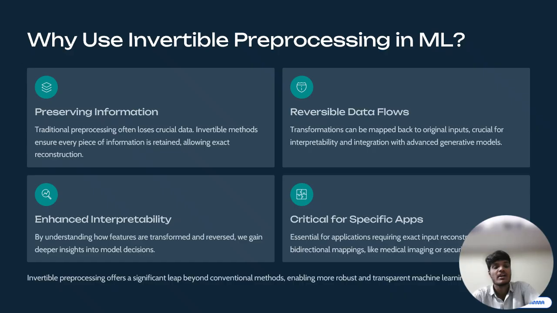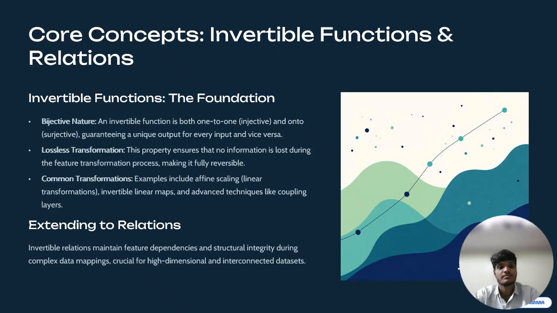By understanding how features are transformed and reversed, we gain deeper insights into model decisions. In the critical specific case, some of the specific apps are essential for applications requiring exact input reconstruction. So overall, invertible pre-processing offers a significant leap beyond conventional methods, enabling more robust and transparent machine learning.